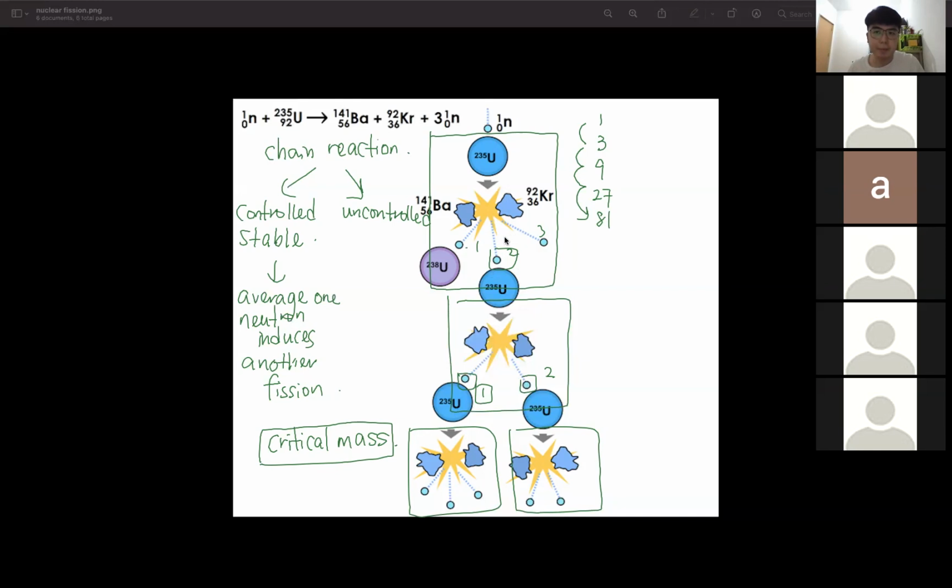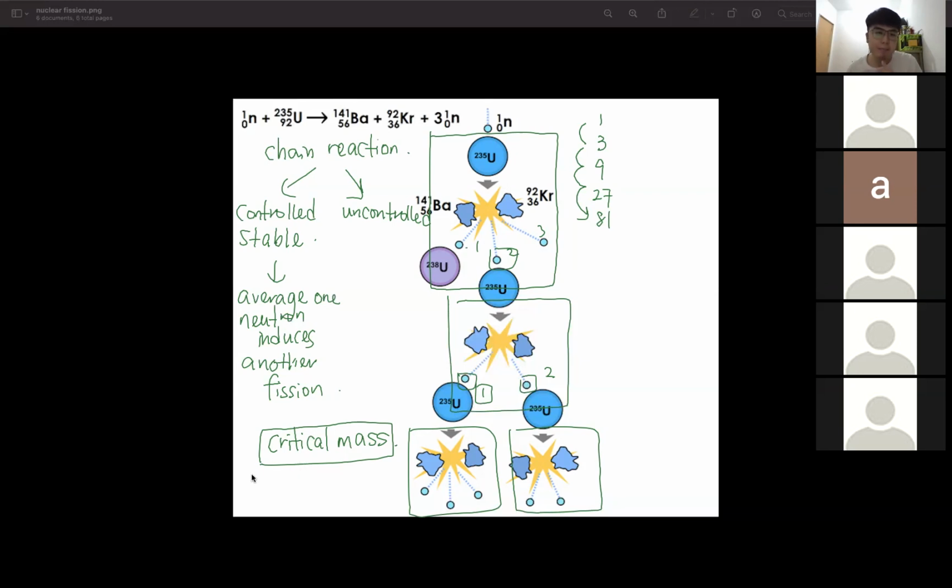We don't want that to happen. So you have to make sure you have enough of uranium atom ready for the neutron to hit, right? So how do you make sure that? That's why we have the term critical mass.